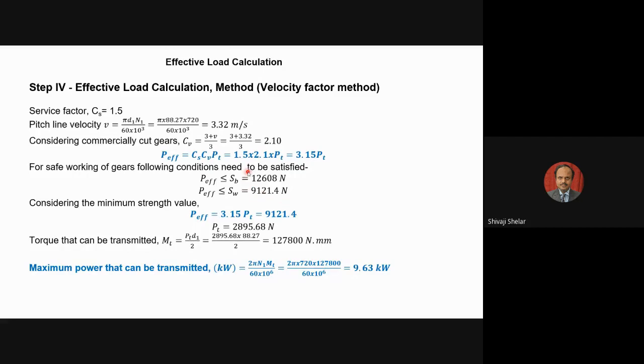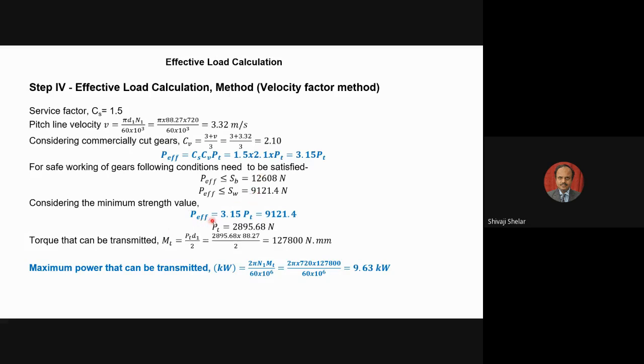So from these two observations, what should we conclude? The P effective value cannot be greater than 9121 for safe working. If I take P effective as 12608, then my gear pair will fail in wear, because the wear strength value is smaller for the gear. So this value needs to be used for the design, considering the minimum strength value of the two, which is the wear strength value.